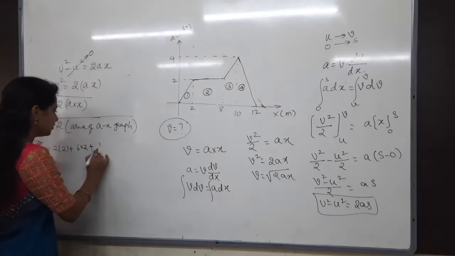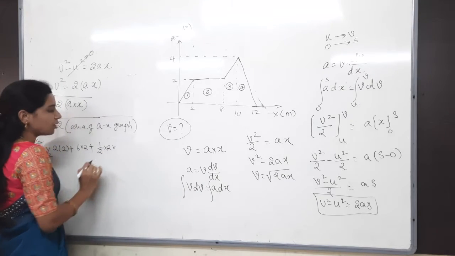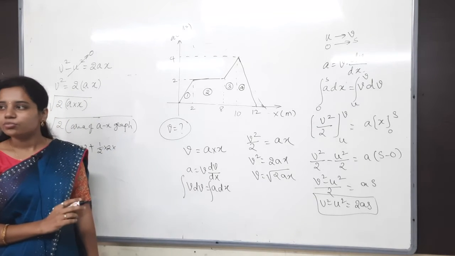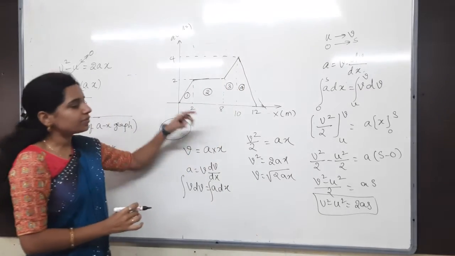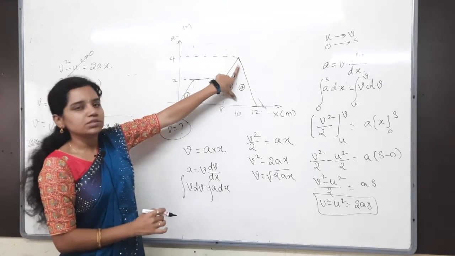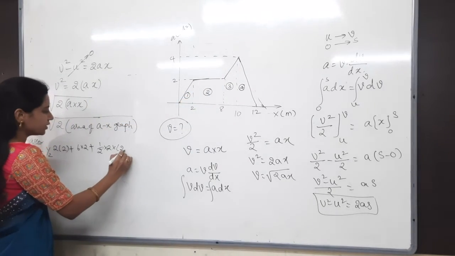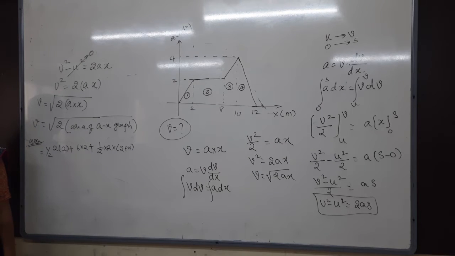The base is 2. The problem is with the height: I have two heights, one is this one and the other is the longer one. This one is 2 and this is 4, so you take 2 plus 4. Understand how to take the trapezium area? Half into base into the two heights you have to consider.